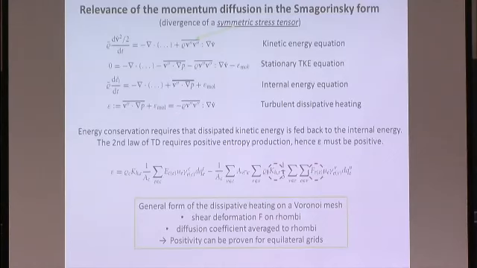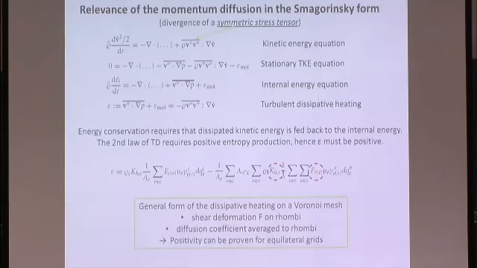Otherwise, I would not create entropy. So the second law of thermodynamics asks me to create and not destroy entropy, and therefore I have to make sure that this epsilon is positive, and I can only achieve this if I use this Smagorinsky kind of diffusion.